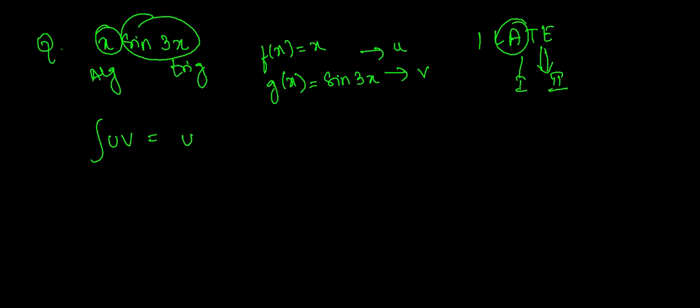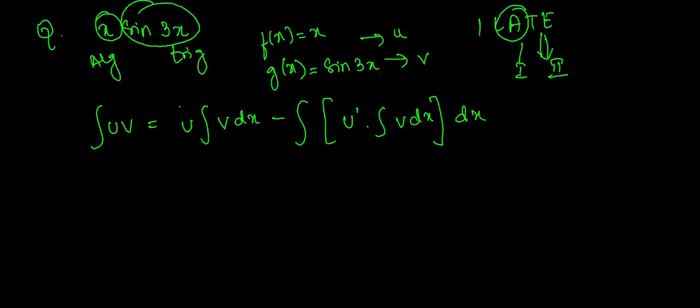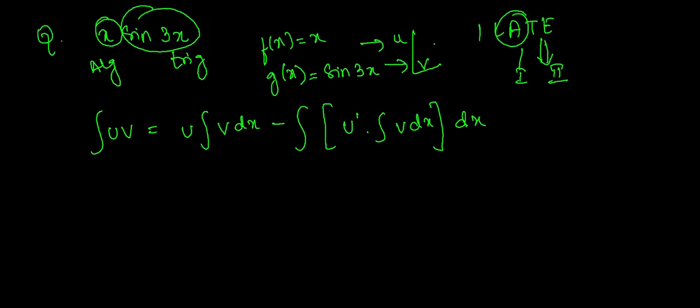Then after this, apply our uv formula. You get u integration of v minus integration of differentiation of u into integration of v into dx. Now substitute u and v in this formula.